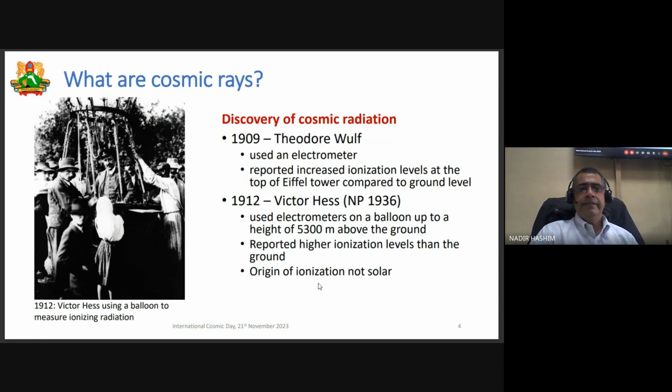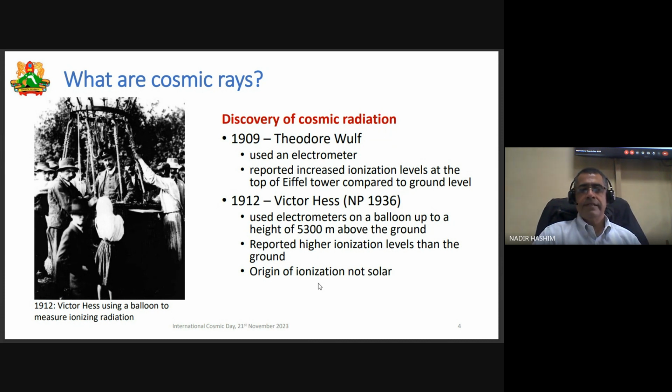So way back in 1909, Theodor Wulf used an electrometer, and reported increased ionization levels at the top of the Eiffel Tower, higher compared to the ground level.